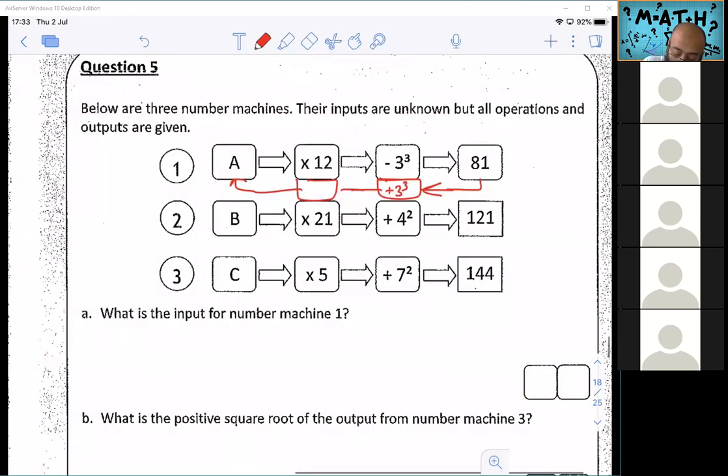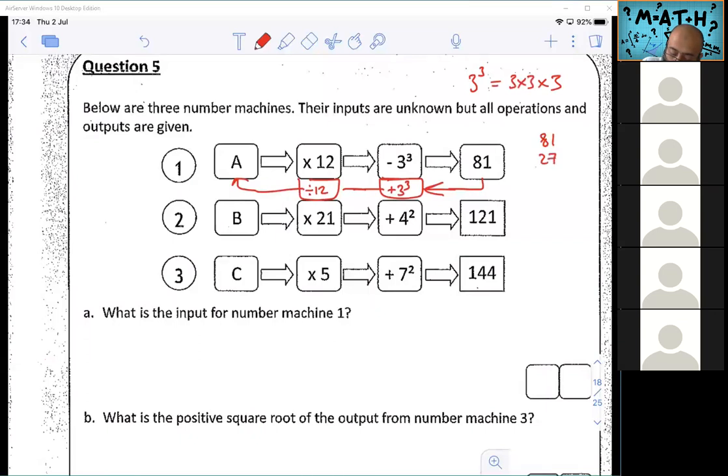Okay. So what's 81 add 3 cubed? 84. So you got 81 and 3. What's 3 cubed? It's 27.